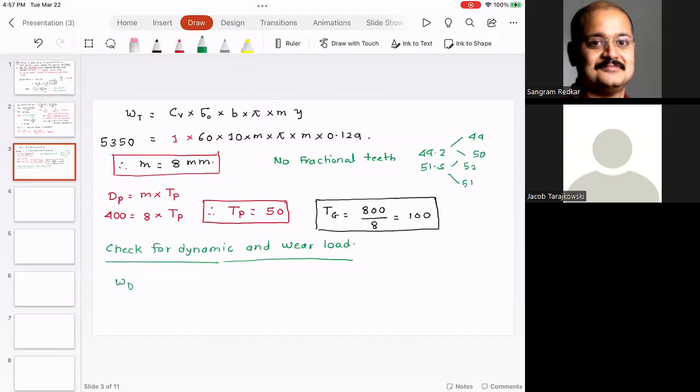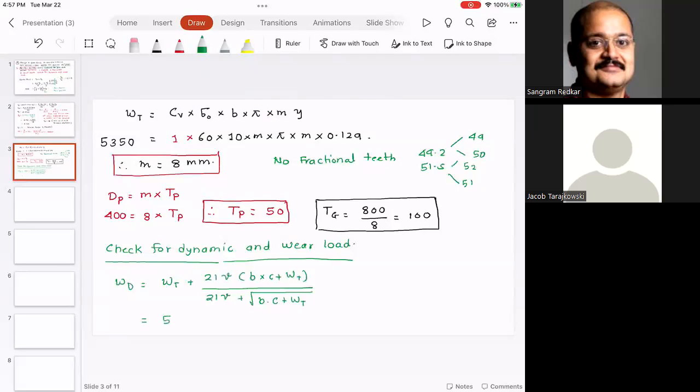And you don't have to remember these equations. That's why homeworks and quizzes are open book, open notes. So WT is 5350 plus 21 V B times C plus WT, divided by 21 V plus square root of B times C plus WT.